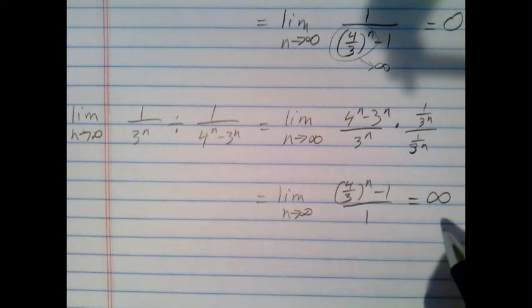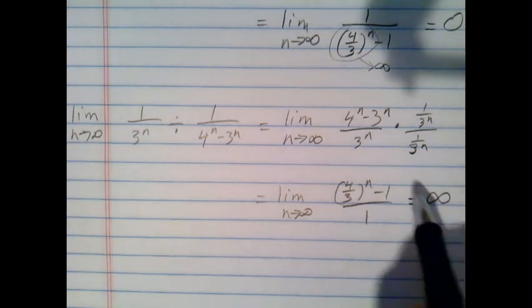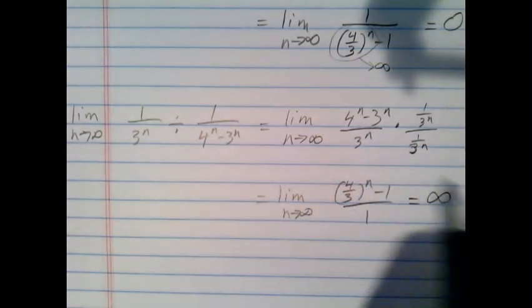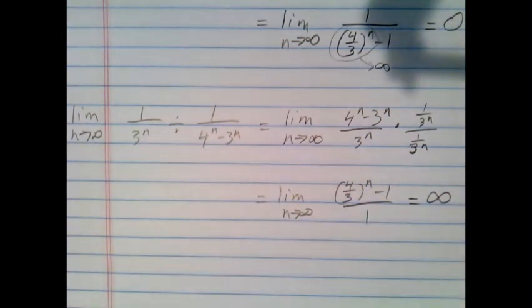It is actually possible to draw a conclusion. I think I probably could have had a better example for this. It is possible to draw a conclusion when the limit is infinity. But the conclusion would have to be that if the bottom one is divergent and the limit still went to infinity, then the top one must be growing even faster.